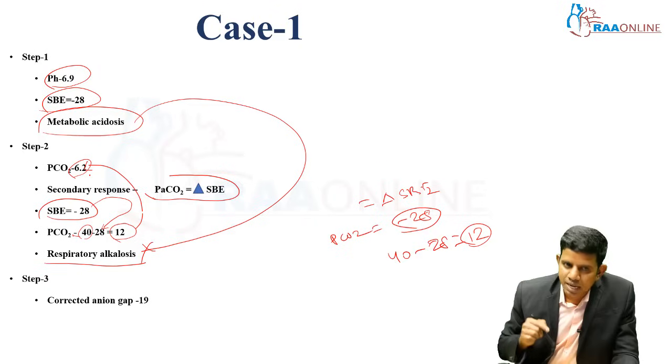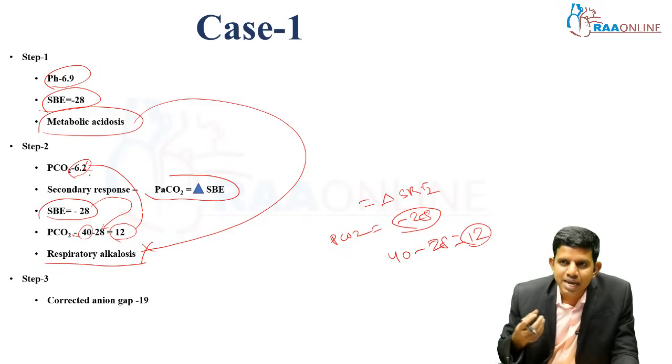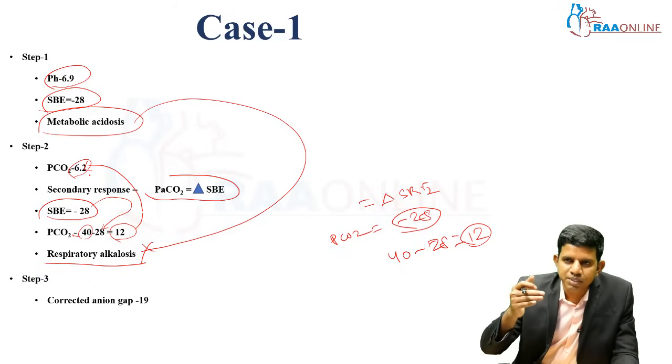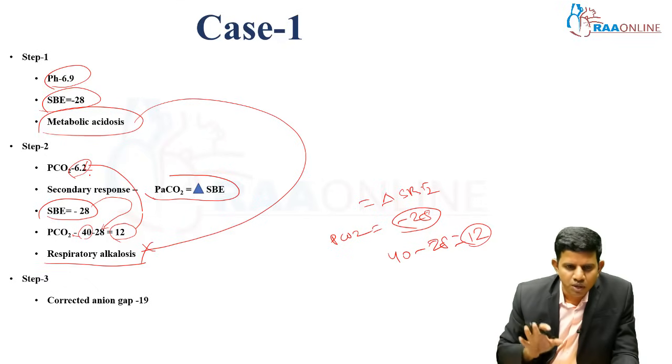The third step is to differentiate whether there is a high anion gap metabolic acidosis or a normal anion gap metabolic acidosis. There are two ways: one is by partitioning the standard base excess into free water, chloride, and albumin base excess, which I have to calculate. Otherwise, it is simple to look at the corrected anion gap.